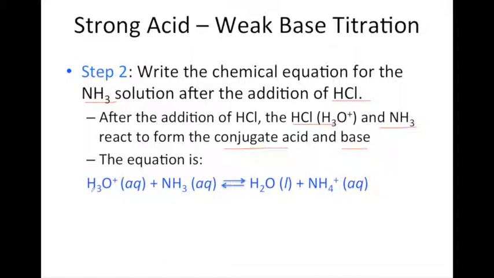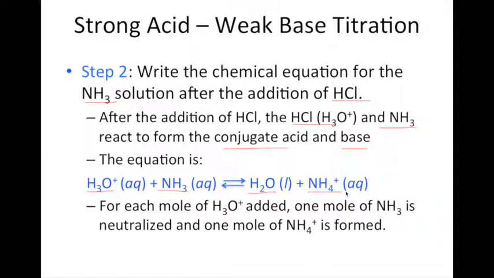Again, we're representing HCl as hydronium for simplicity's sake. So our hydronium plus our ammonia, that's what we have in our solution so far, are going to react, and they're going to neutralize each other, and we're going to form water and our ammonium ion. So this would be our balanced chemical equation. Take a look at it and be sure you convince yourself that this is correct.